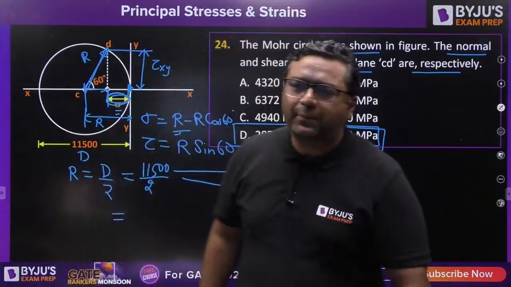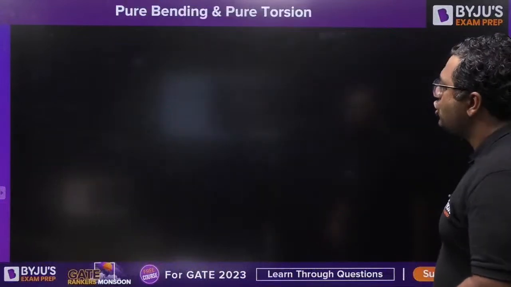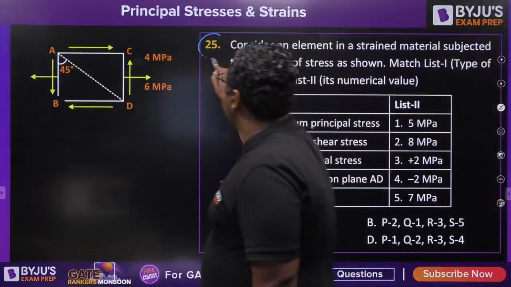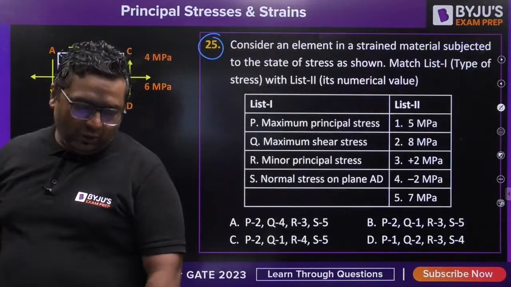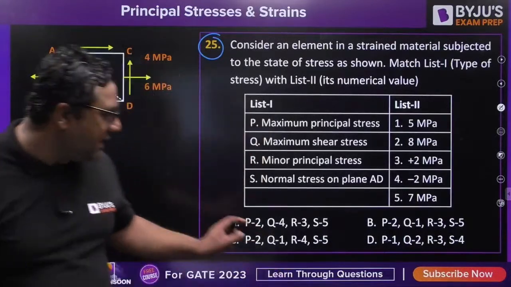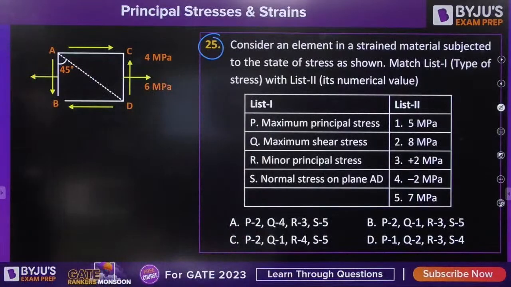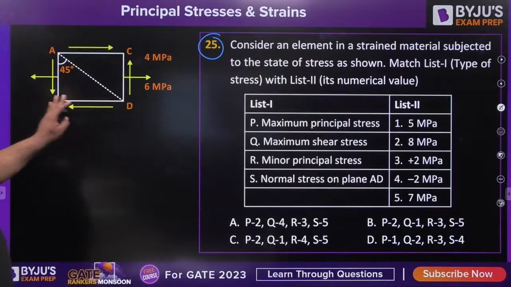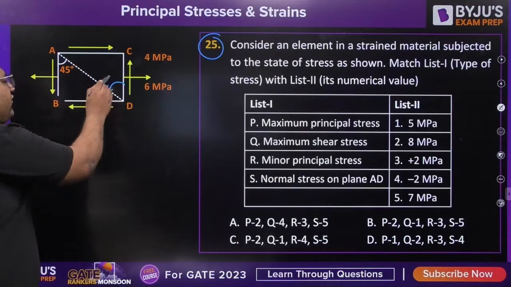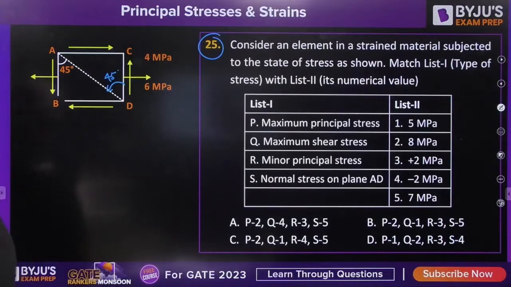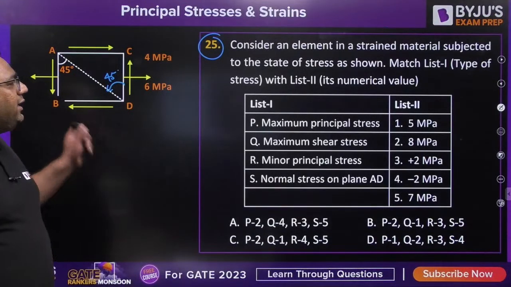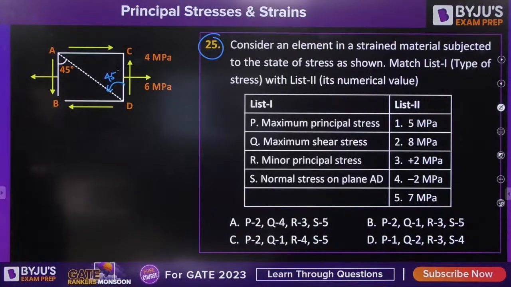Very good, Sachin, Pranjal. Question number 25. Okay, let us make this as last question. So this is the given state of stress. This angle is 45. Consider a strained material subjected to the state of stress.